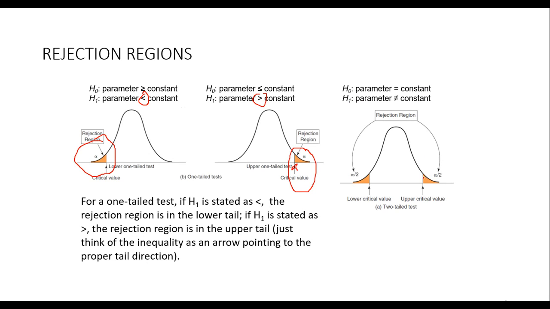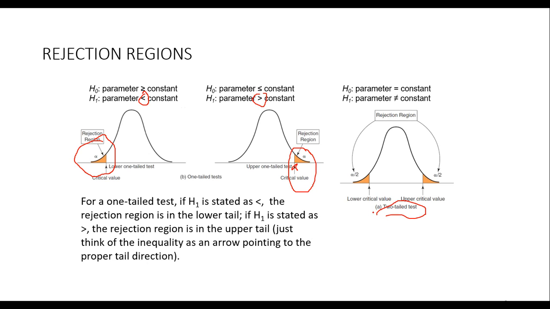In this case, the significance level is divided by 2, made half, and lies on both sides of the normal distribution curve. So alpha by 2 is here, alpha by 2 is here, and we put these as the two rejection regions. So it is both lower tailed and upper tailed. So it's called a two tailed test.